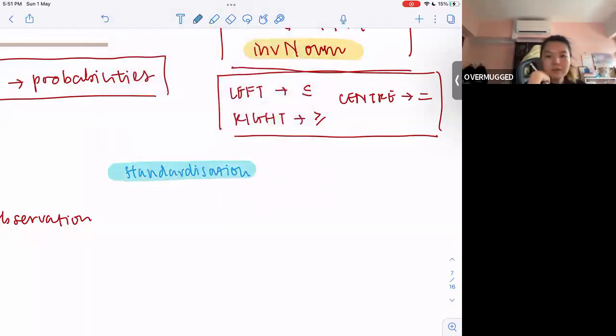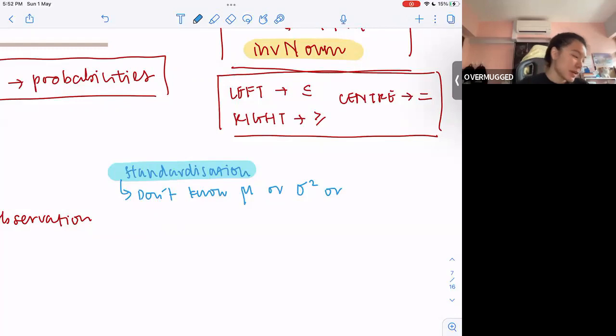Standardization usually happens when you don't know your mu or your sigma squared, usually these two.